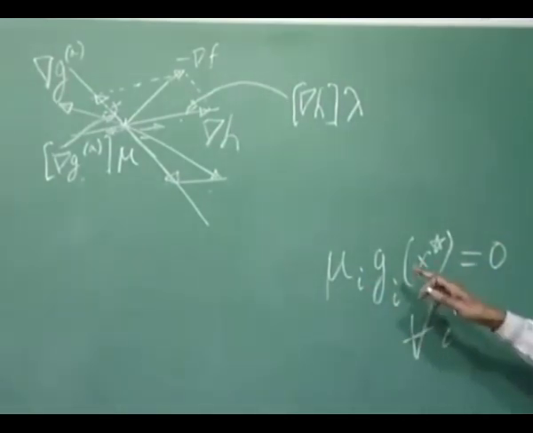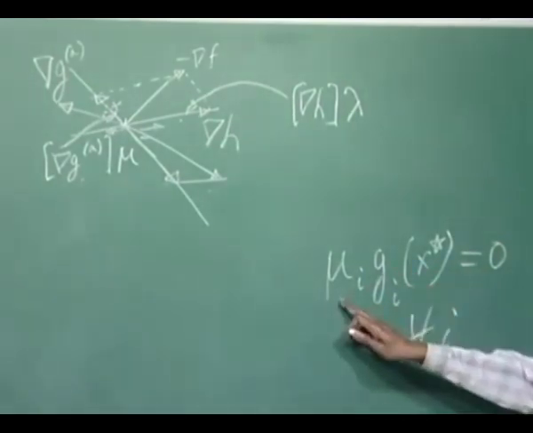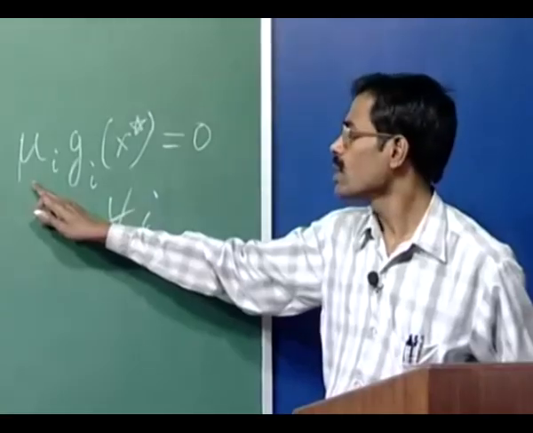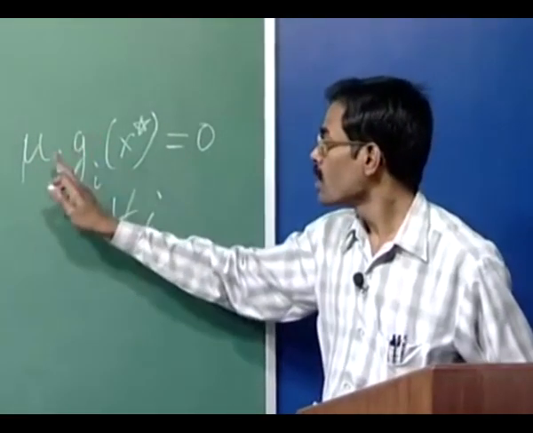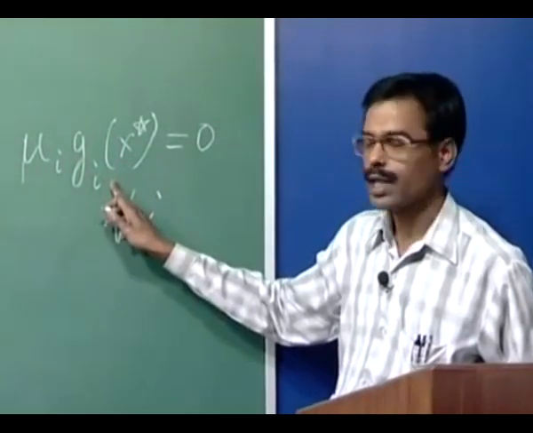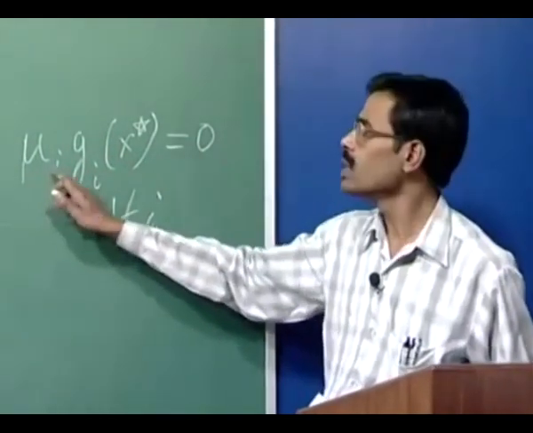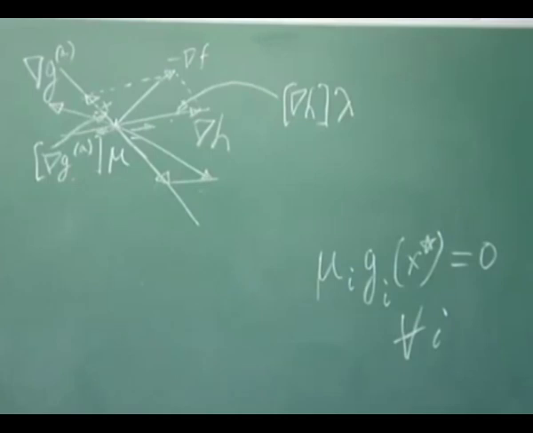That is, if g is non-zero then mu must be 0, that is for inactive constraints, and if mu is non-zero then g must be 0, that is mu can be non-zero only for active constraints. So, that is why this is called complementarity conditions.